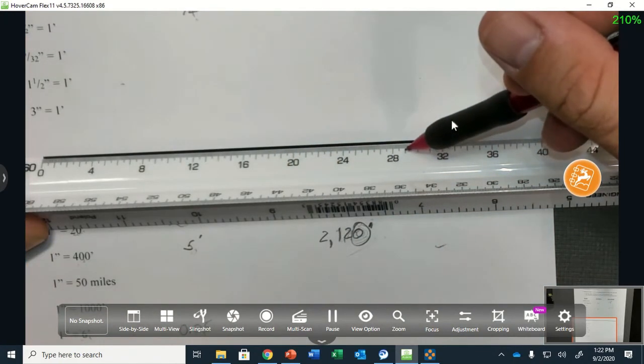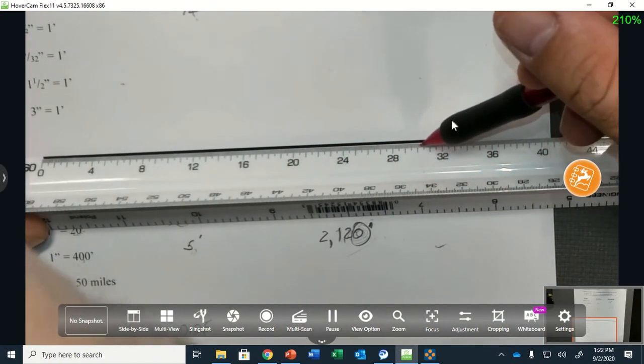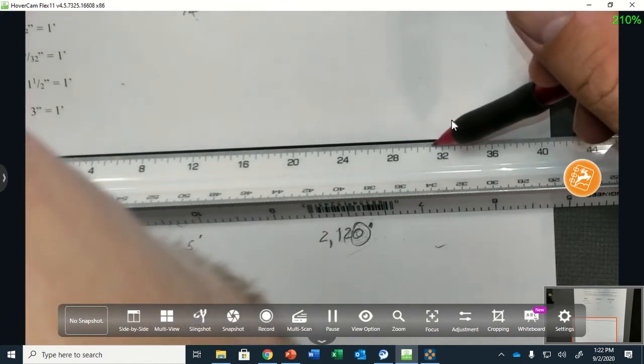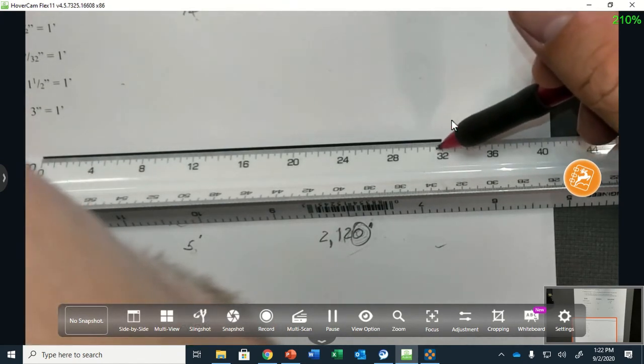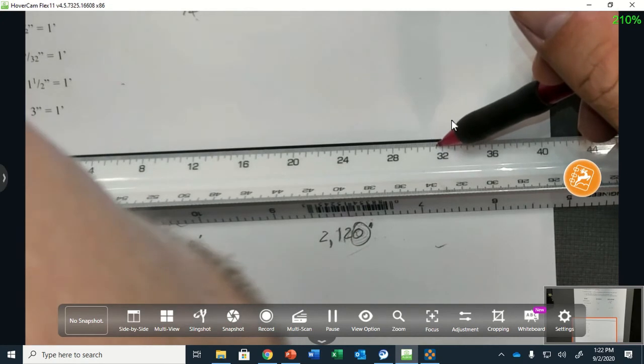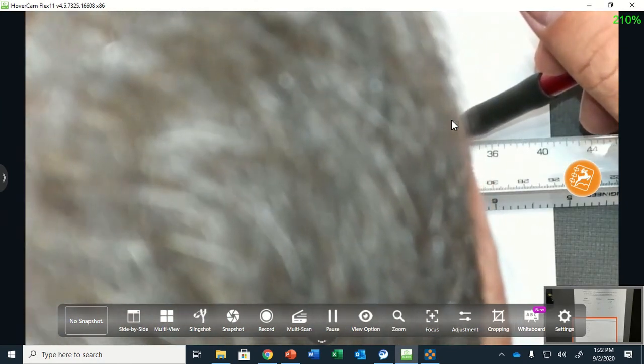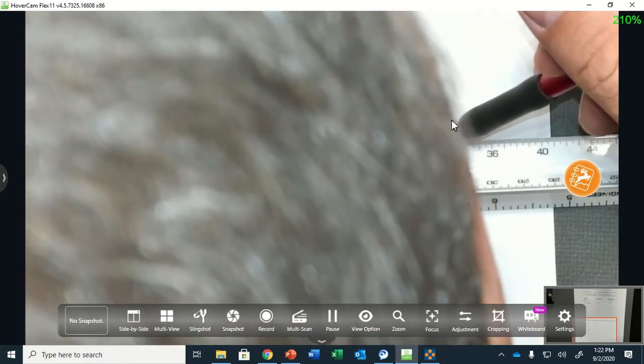It's not quite 32 feet, so it's 28, 29, 30, 31. So here's 31 feet. This is 31.5 feet. Okay? So I'm going to say this is 31.9. I'm going to say it's in between.